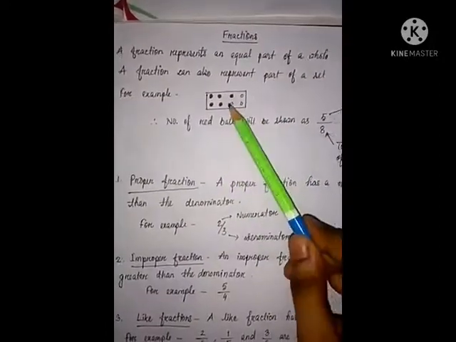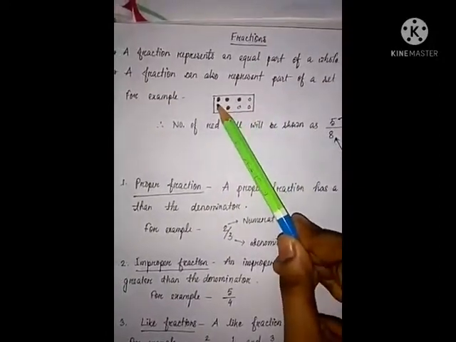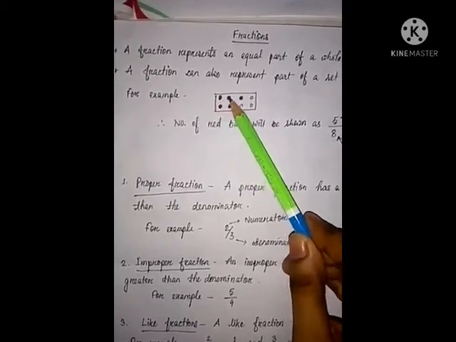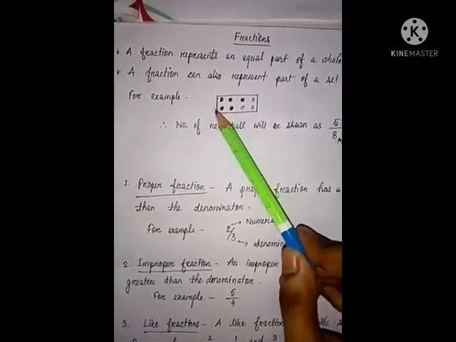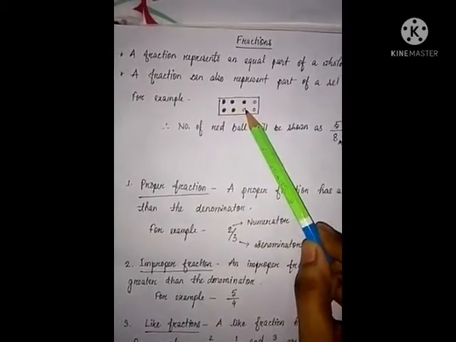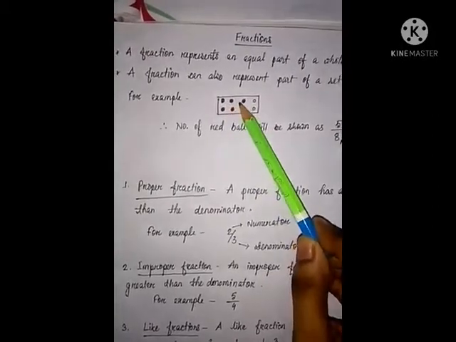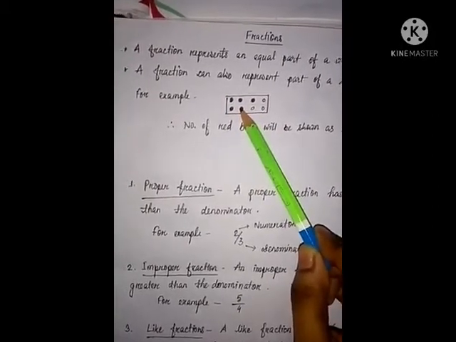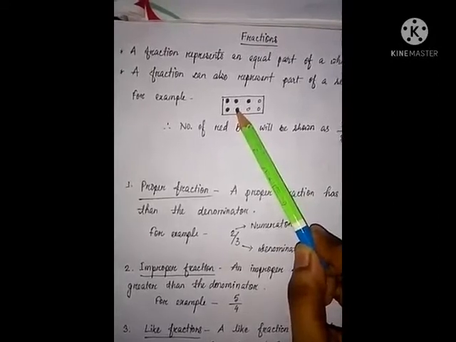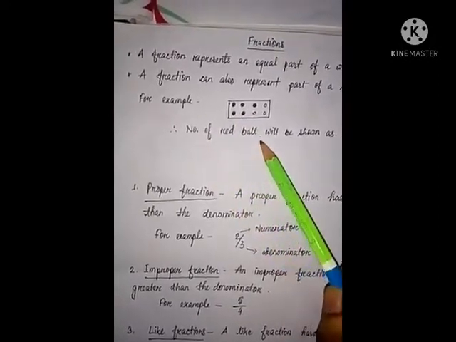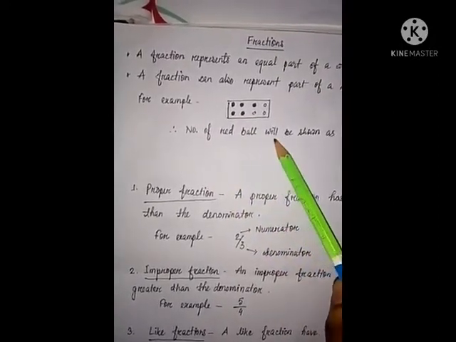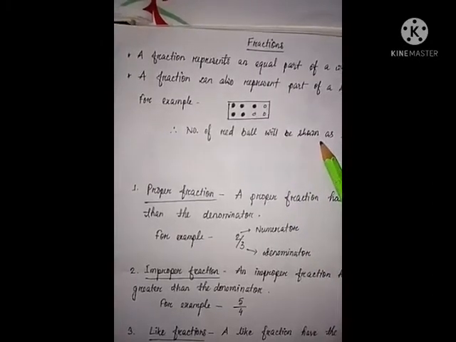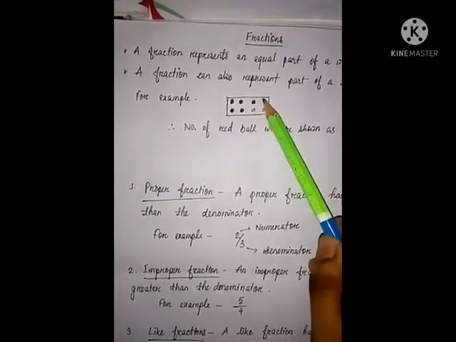For example, here the total number of balls is 8, and out of 8, 5 balls are red in color. So the number of red balls will be shown as, how?